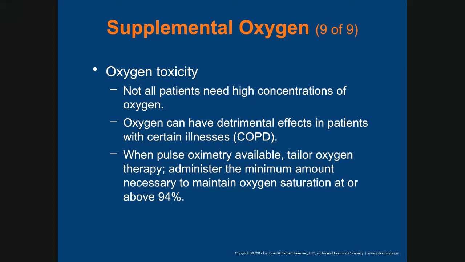Oxygen toxicity. Not all patients need high concentrations of oxygen. Oxygen can have detrimental effects in patients with certain illnesses. COPD patients rely on the hypoxic drive, so they function on low oxygen. When pulse oximetry is available, tailor oxygen therapy based on pulse ox.